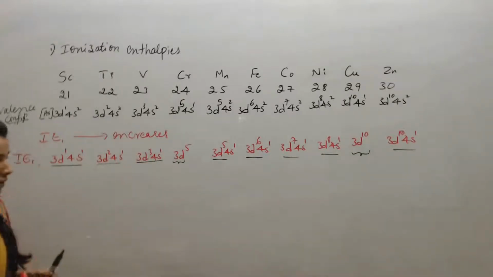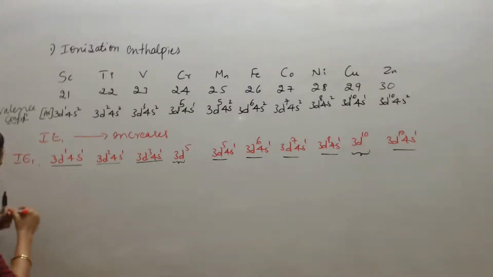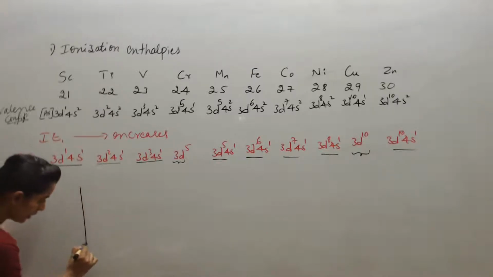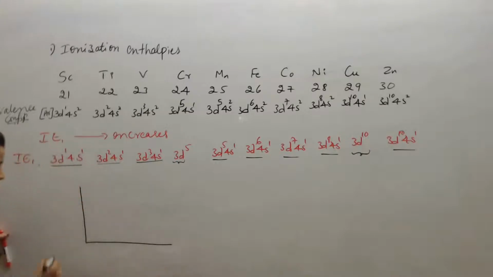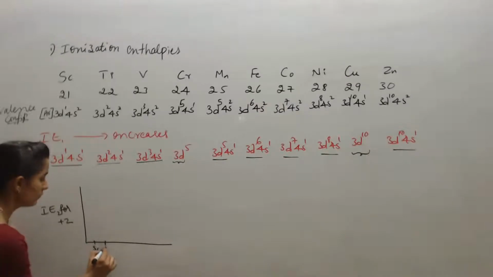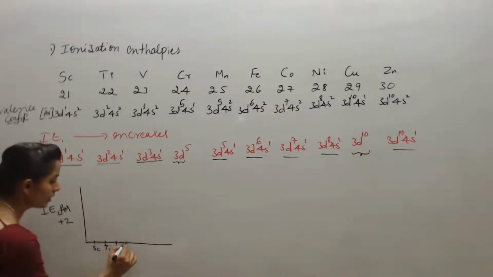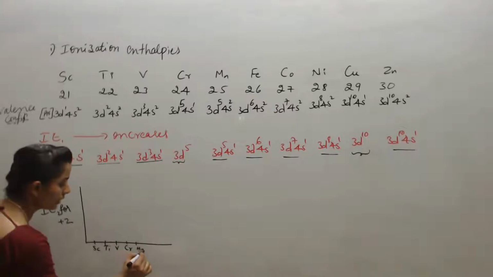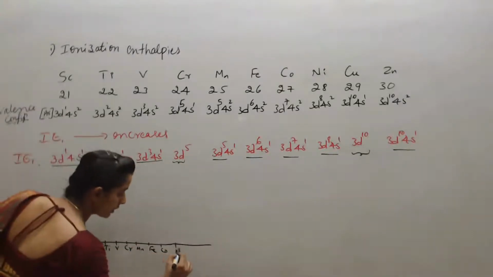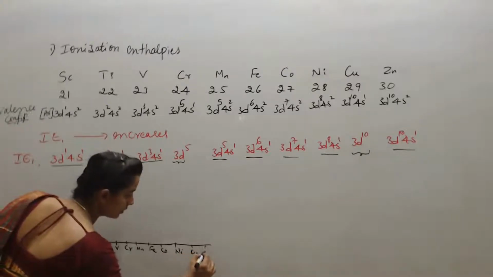Okay, if you draw the graph, students, what will you get? This is ionization energy, and this is atomic number. This is the ionization energy for plus 2 ions, that is ionization energy 2. This is atomic number: scandium, titanium, vanadium, chromium, manganese, iron, cobalt, nickel, copper, zinc.